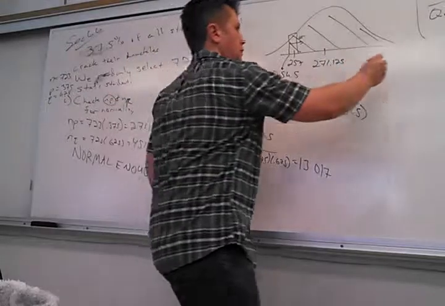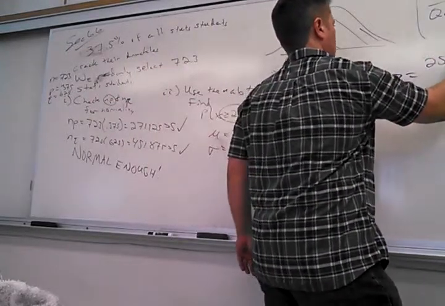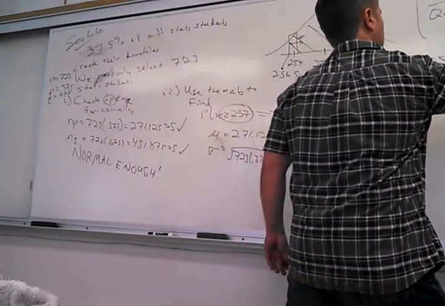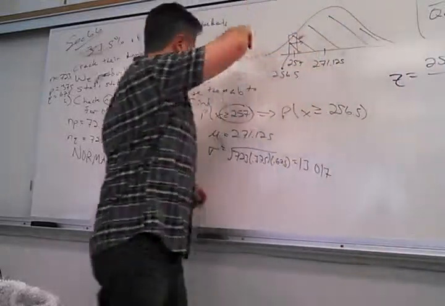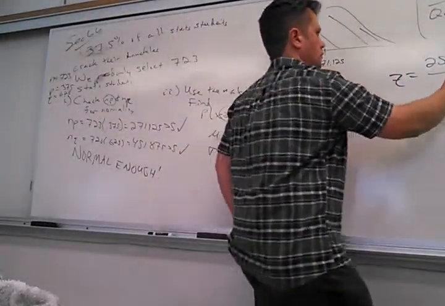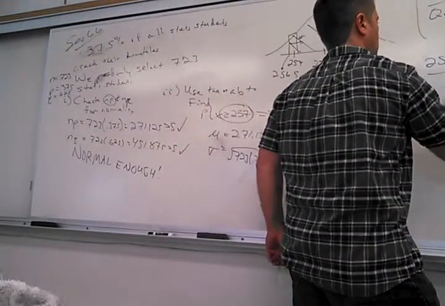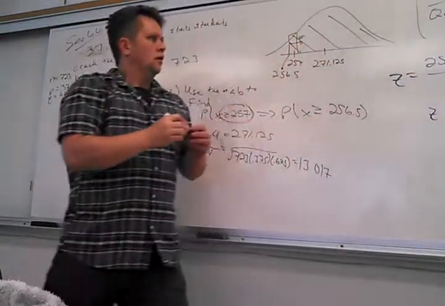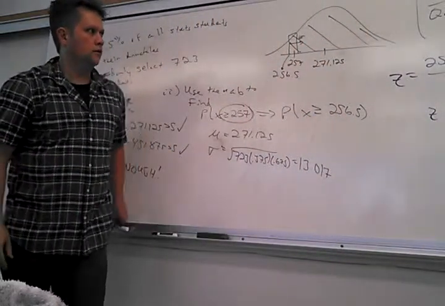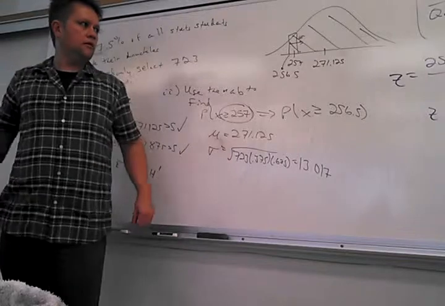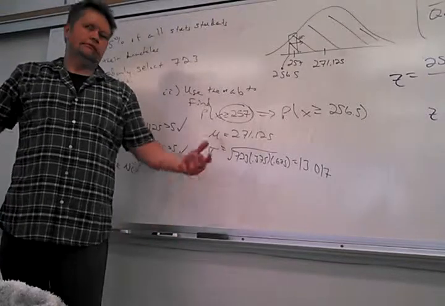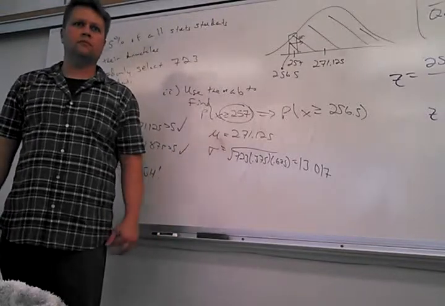So z-score is going to be my data point minus the mean divided by the standard deviation. It's like 1.0 something.